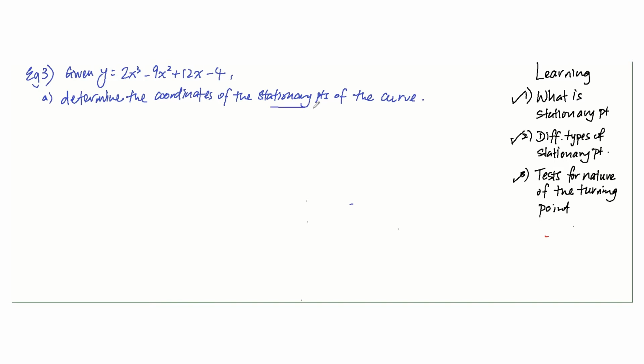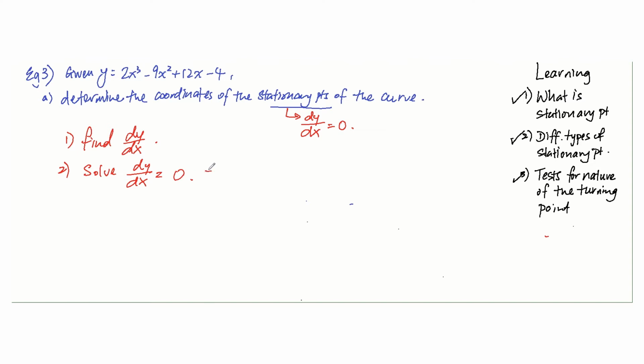If we talk about stationary points, we are talking about the case where dy/dx will be equal to 0. So first up, you're going to need to find out what is dy/dx. Next you have to solve the equation where dy/dx equals 0.